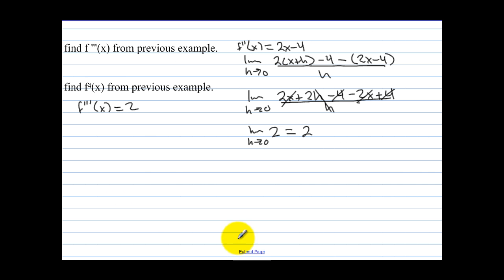So now we have to find f of x plus h. So we have the limit as h approaches 0 of f of x plus h, which is just 2. There's nothing to plug x plus h into. Minus 2, there's f of x, all over h, which is the limit as h approaches 0 of 0. 0 over h is 0, so the fourth derivative is finally 0.